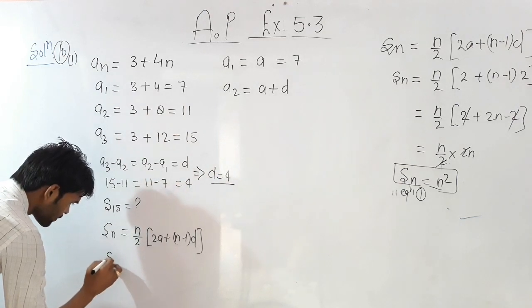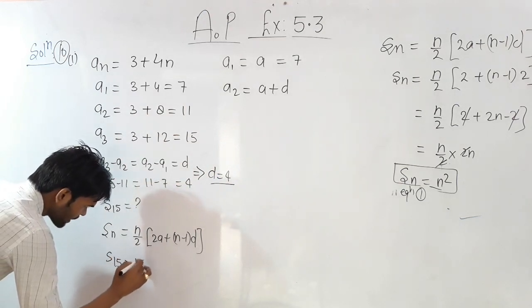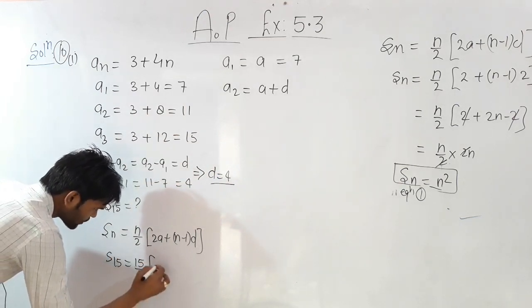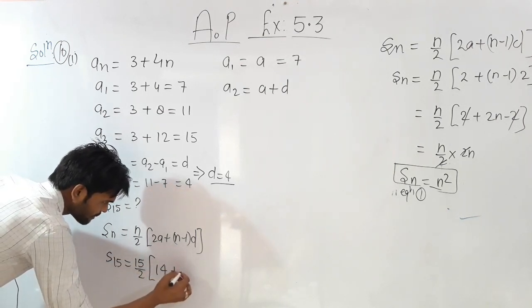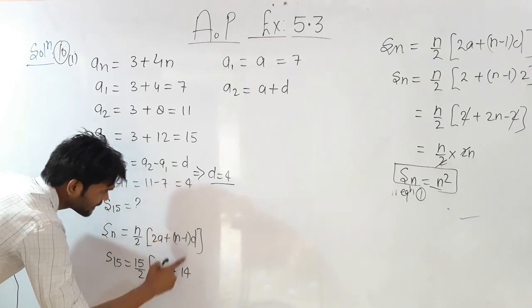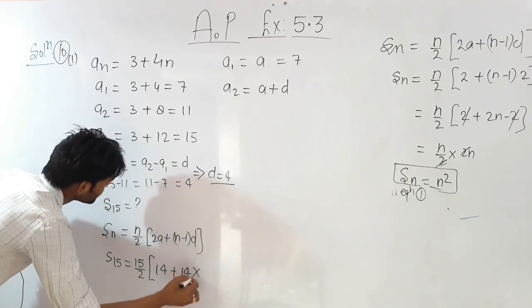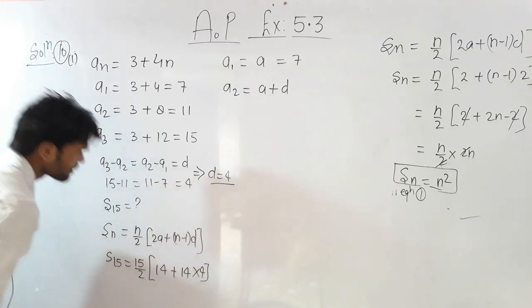Now you can proceed. S15 is equal to 15 by 2 into 2a, which means 2 times 7 is 14, plus n minus 1, which means 15 minus 1, equal to 14, and d is 4, as you have obtained. Now you can solve.